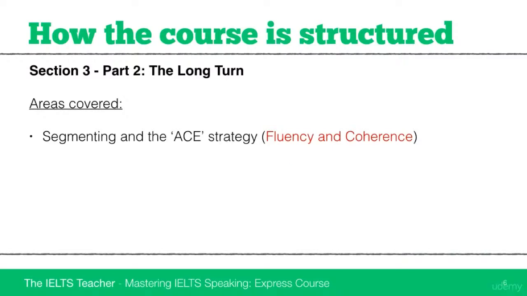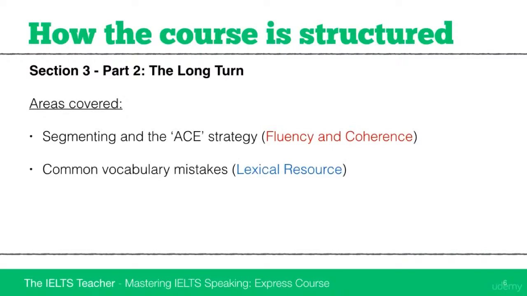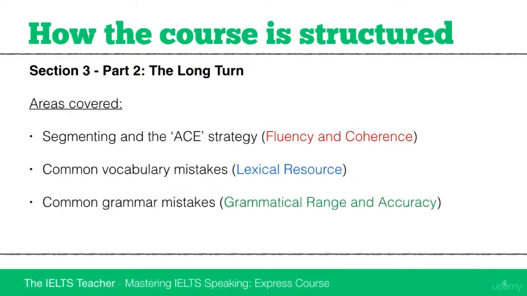Common mistakes that are made in terms of vocabulary, and it's going to be a similar story in the next lecture for grammatical range and accuracy, where we'll focus on the most common grammar mistakes and how we can avoid making these mistakes ourselves. In pronunciation, we're going to focus on syllable stress and why that's such an important part of your pronunciation.